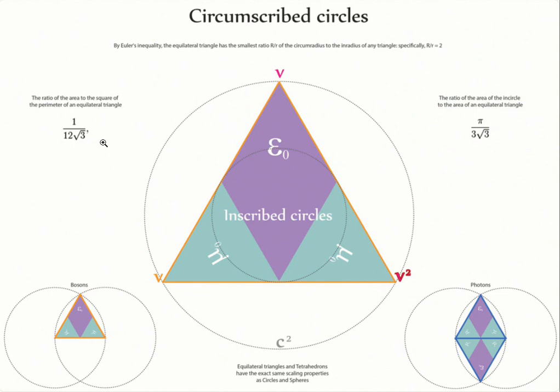The circumscribed circle, which I mentioned on the previous page, is where the circle or the spherical coordinate system in terms of c is in fact used to convert energy measurements to mass measurements.